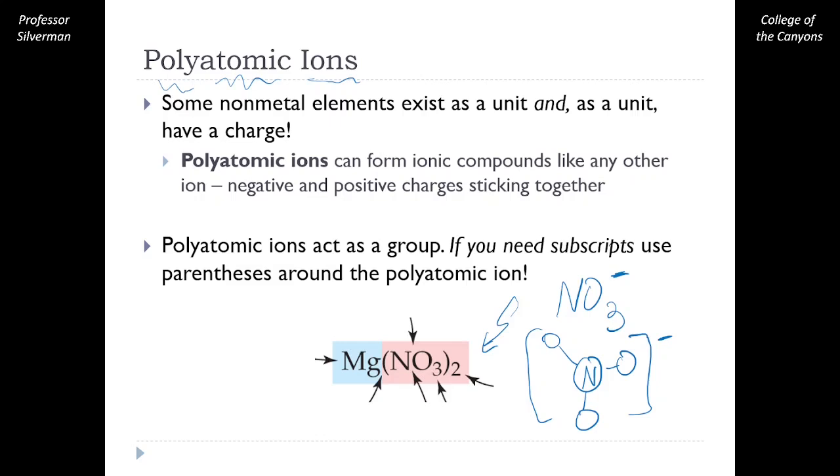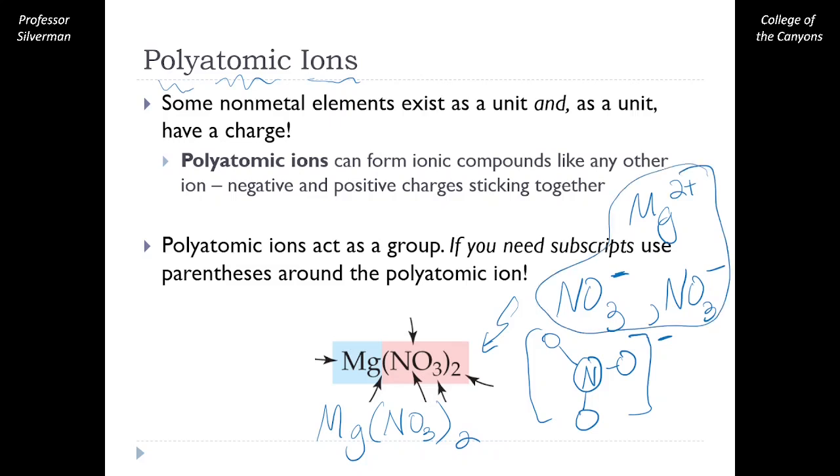To give whoever is reading our chemical formulas some intuition about that polyatomic ion, we like to group it in parentheses when we write the chemical formula. Mg(NO3)2 means that we have two of those units combining with one of our magnesiums. Here is what our chemical formula is describing.